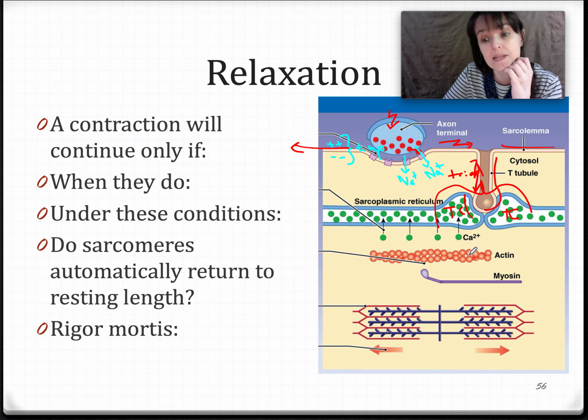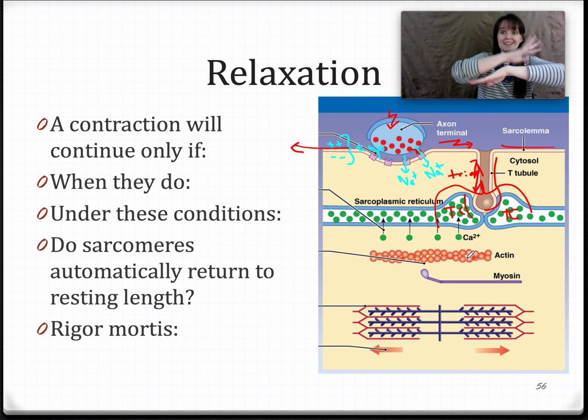The calcium then binds to troponin that holds the tropomyosin in place on the active sites on actin. And when the calcium binds to the troponin, it changes its shape, and that pulls the tropomyosin off of the active sites on actin. And then what binds to the active sites on actin? The myosin. And then it hinges.